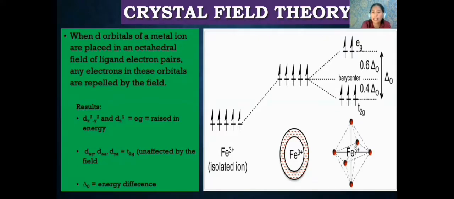They are raised by 0.6 delta O. And then we have the t2g set, with the orbitals dxy, dxz, and dyz, and they are lowered by 0.4 delta O. The delta O is the energy difference of these two sections of the orbitals, which are the eg and the t2g.